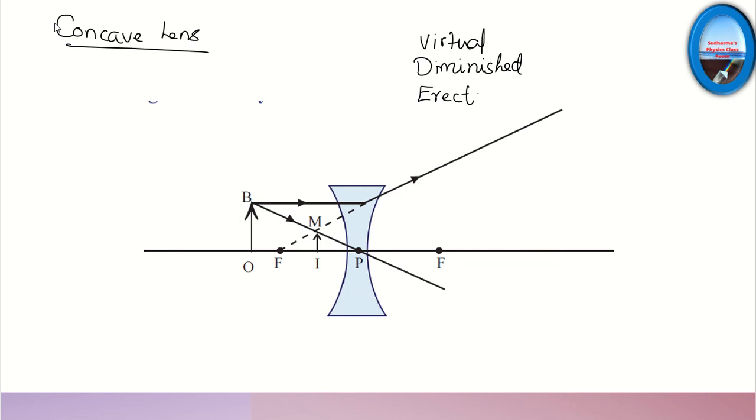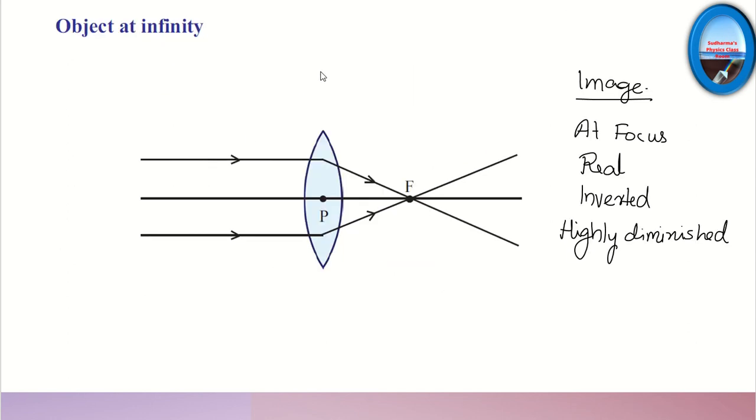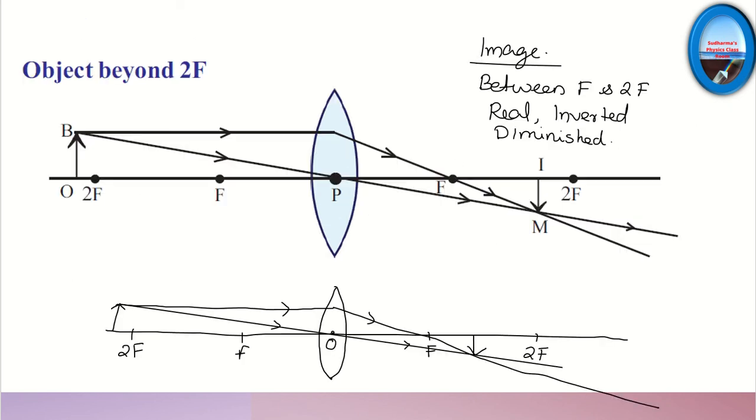Hope you understood it. So let's once again revise what we learned, especially the object positions and characteristics. When the object is at infinity, the image will be at the focus, real, inverted, and highly diminished. When the object is beyond 2f, the image is between f and 2f, real, inverted, and diminished.